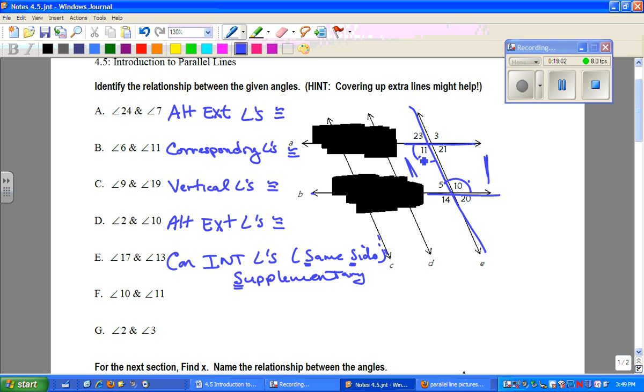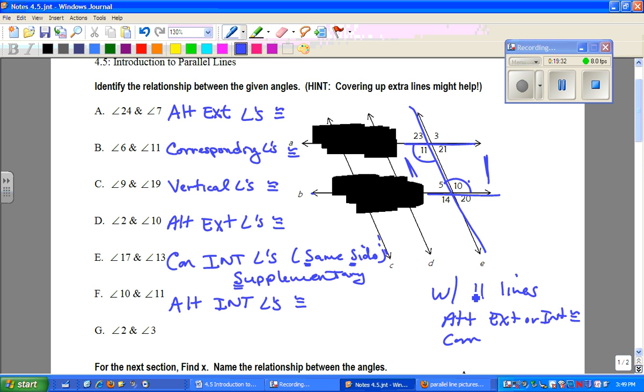Well, 10's here. I have to jump over the line to get over here. So booyah. Alternating interior angles. And if alternating exterior angles are congruent, so are alternating interior angles. So recap it. With parallel lines, alternatings, whether they're exterior or interior, are congruent.